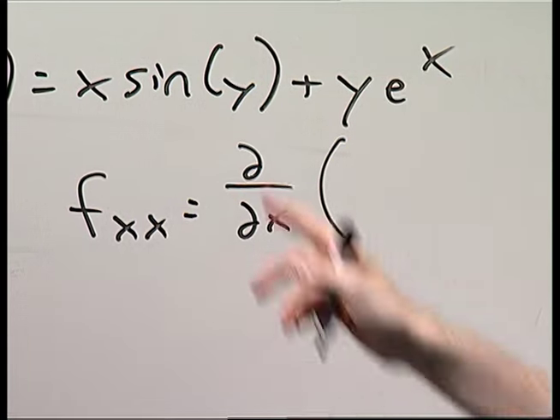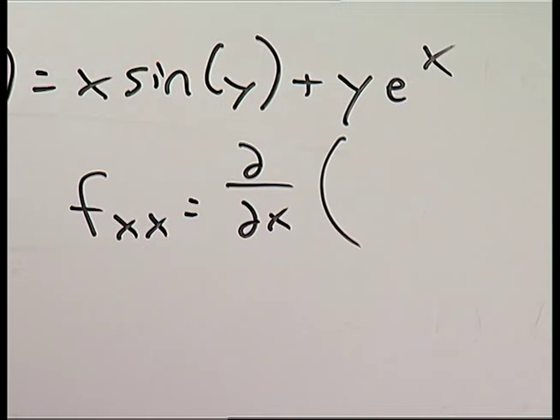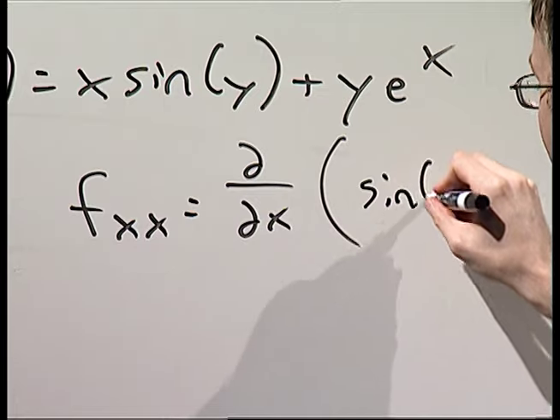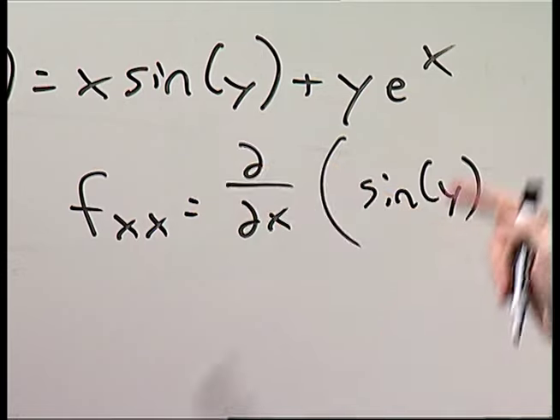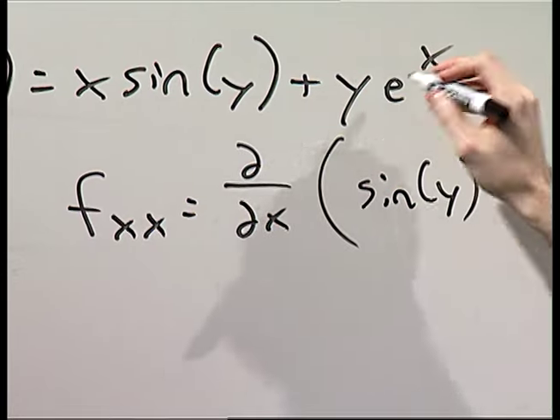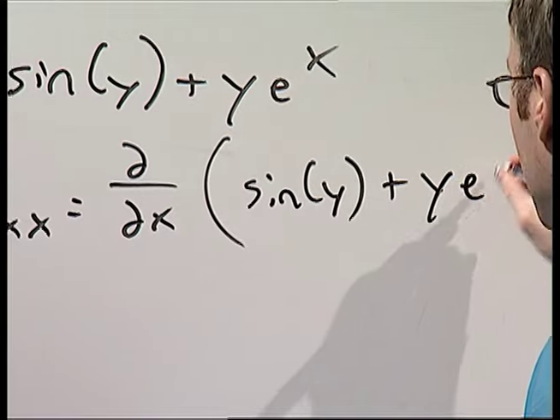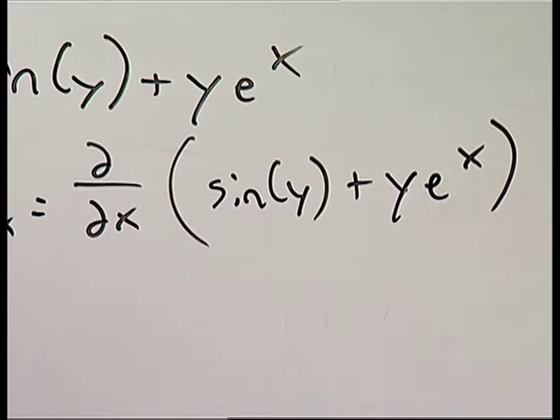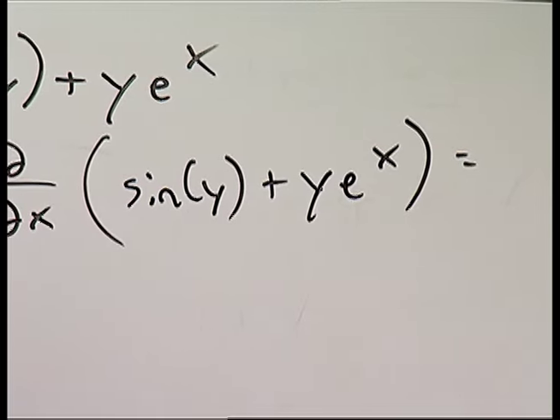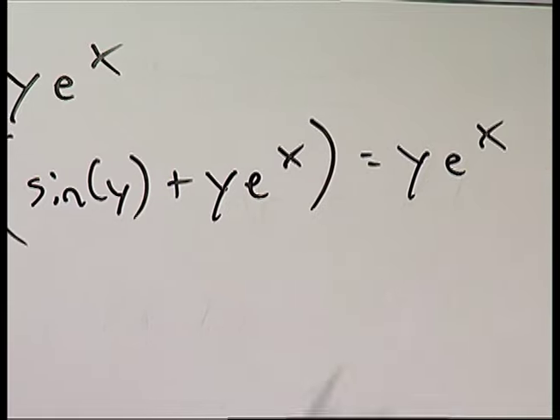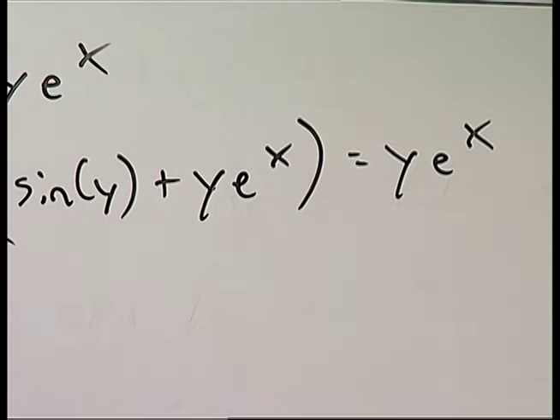So what is this guy's partial with respect to x? It is sine y, because this is just like x with a constant term. It's a linear term in x. And then over here, this is e to the x times a constant. The sine y piece has no x's in it. It's gone. It's 0. We're just stuck with y e to the x, like that.